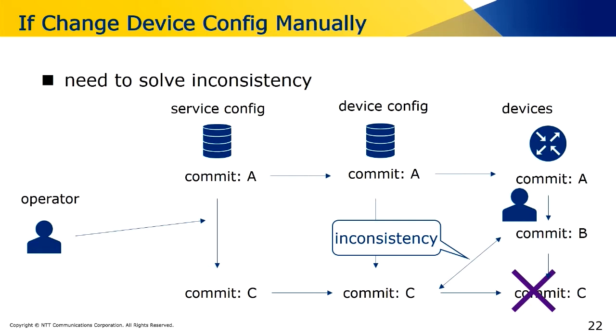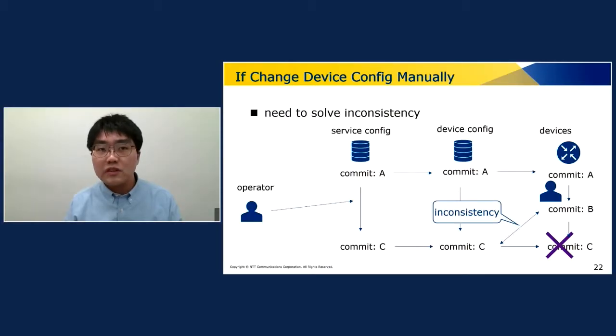First of all, service config, device config, and devices are synced with commit A. At some point, someone changes device manually with commit B. And another operator tries to change service config with commit C. But this operation will fail because device state is different from device config. If we do this operation, we need to solve this inconsistency, which equals to syncing device state to NSO CDBs.